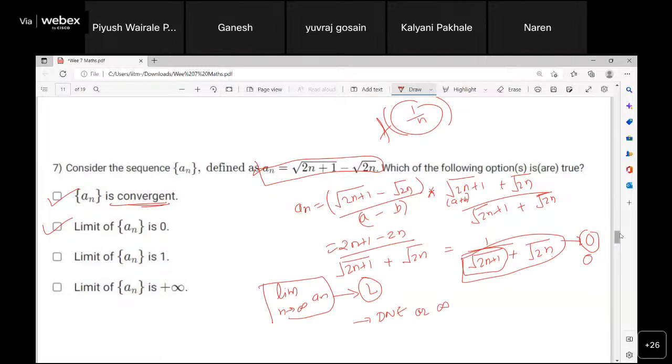For example, the limit as n tends to infinity of n cube. Is it convergent or divergent? Sir, it should be divergent, because if we put infinity, we will get an infinite value only, right?